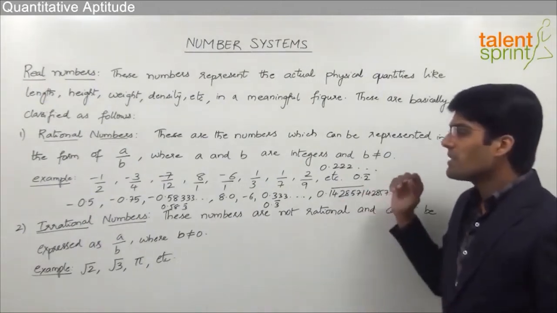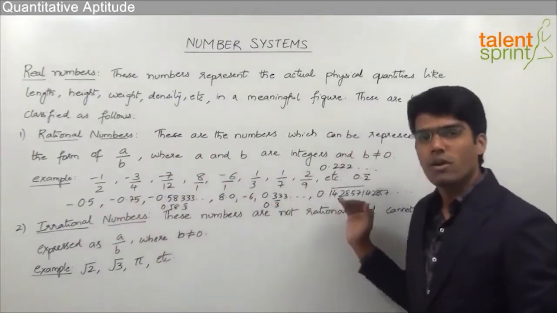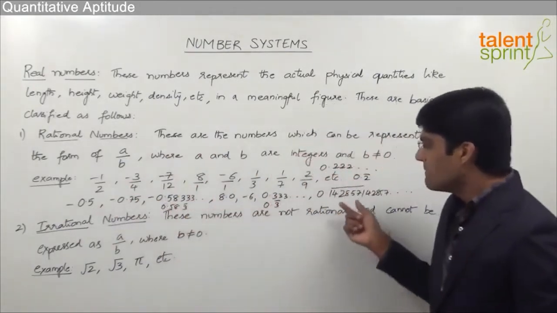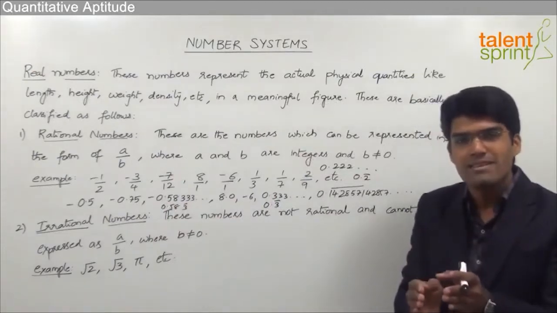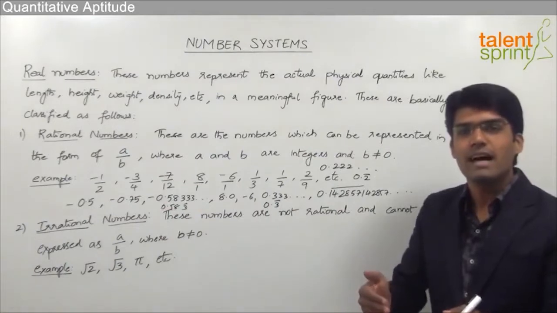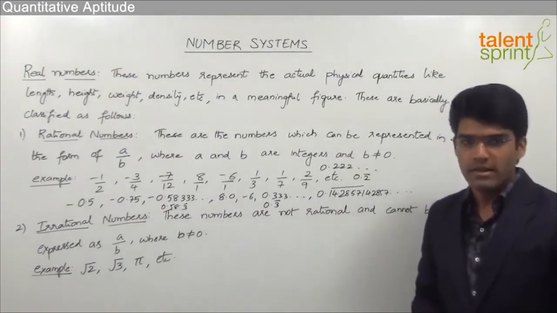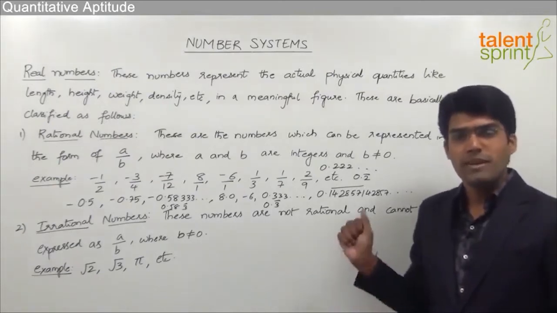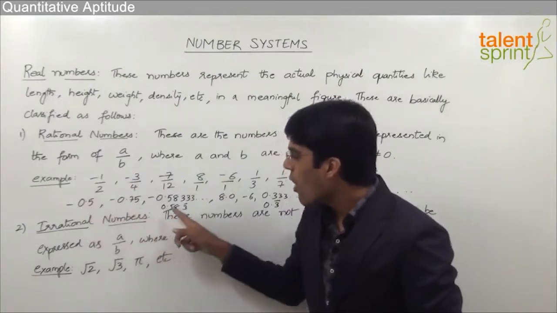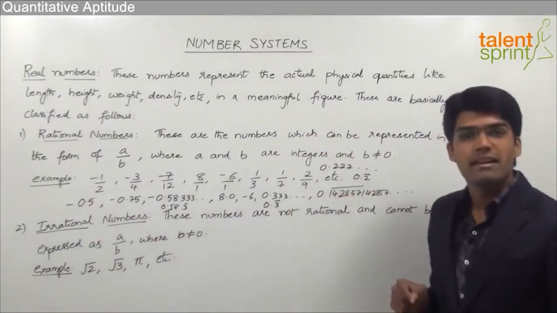So the point to be observed here is, as we have discussed, rational numbers are either terminating or non-terminating, but in case of all these non-terminating numbers, we find that a particular set of numbers occurs again and again, or they reoccur, or we can say these are recurring numbers. That means they occur again and again at regular intervals up to infinity. So very clearly, rational numbers are either terminating or recurring. Why? Because all these non-terminating numbers are recurring in nature.